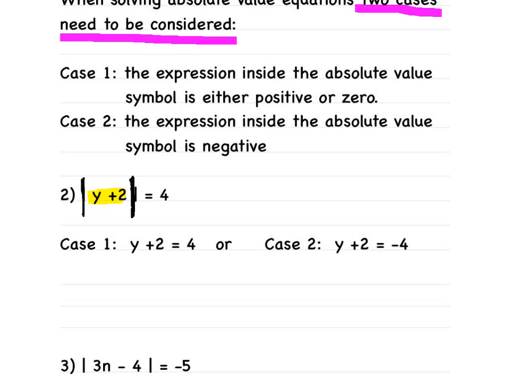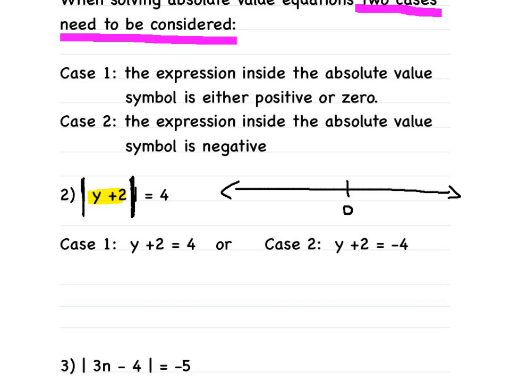If you consider that possibility, let's look at a number line and explore this. Here is 0. Y plus 2 has to be 4 units away from 0 because its absolute value is 4. But there are 2 possibilities, right?